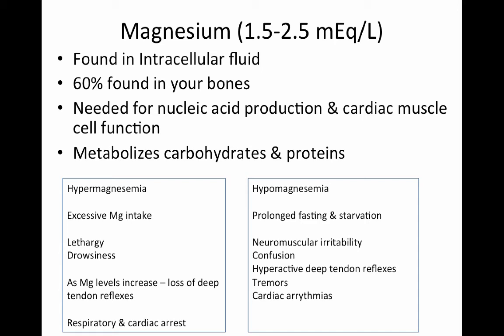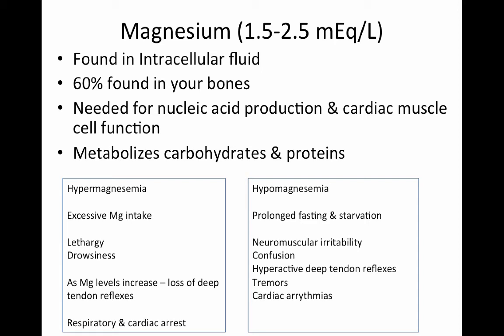Magnesium is another extremely important electrolyte. So we have potassium, sodium, calcium. Magnesium is also essential for all living things to survive. Magnesium is needed in the production of DNA and RNA, so our cells need magnesium, which is why you will see magnesium found mostly in intracellular fluid.